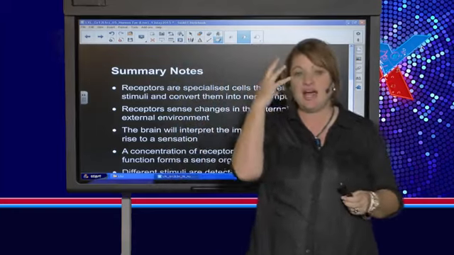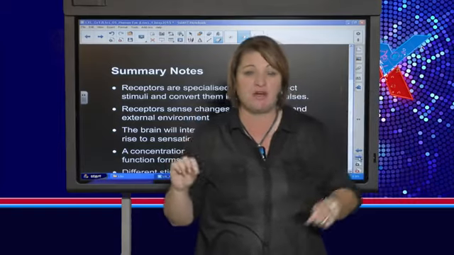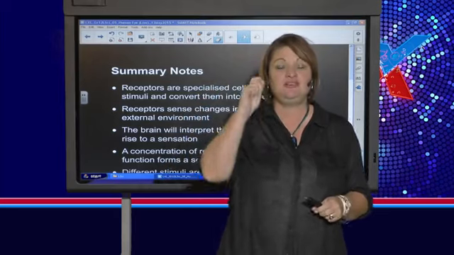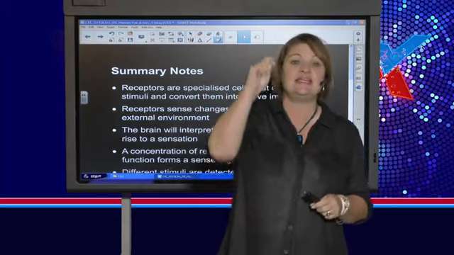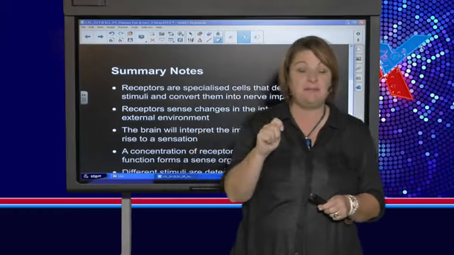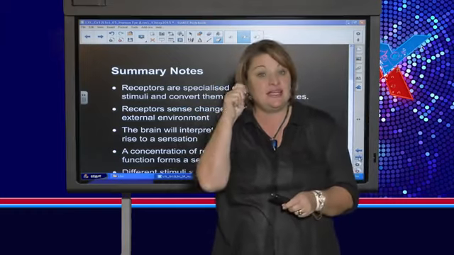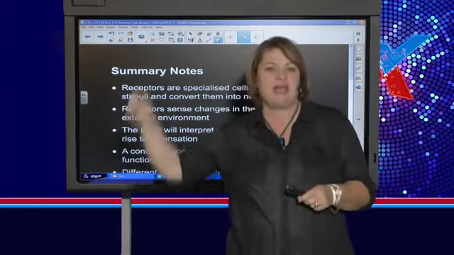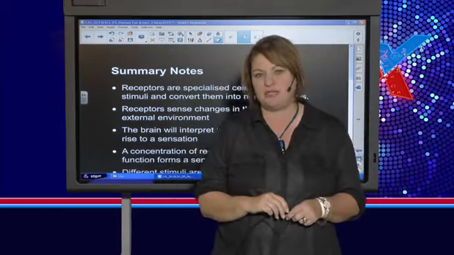Whenever you look at the structure of the eye, you need to remember the eye needs light. So how is the eye adapted to get light in so that we can put that image on a specific spot and take that to the brain to be interpreted?